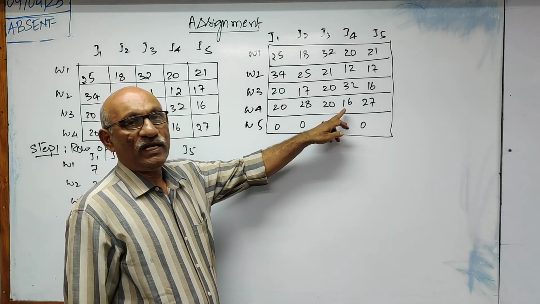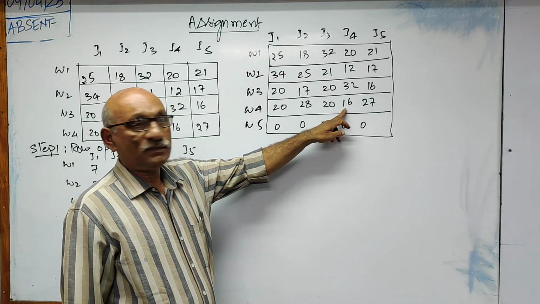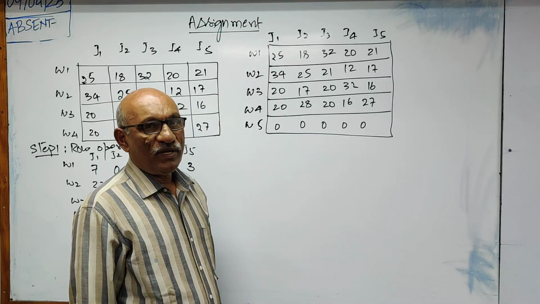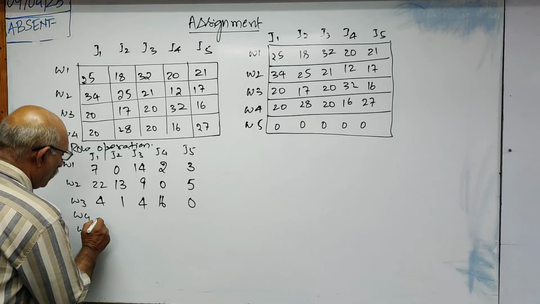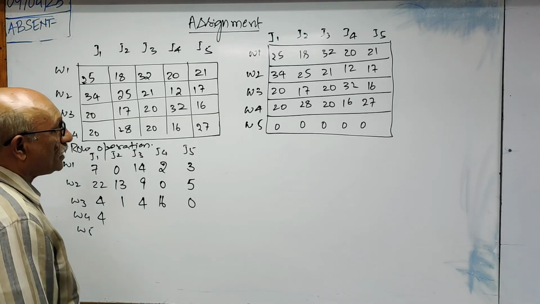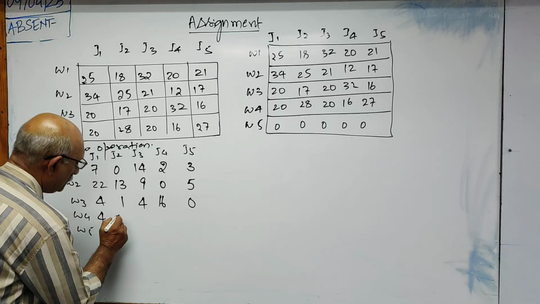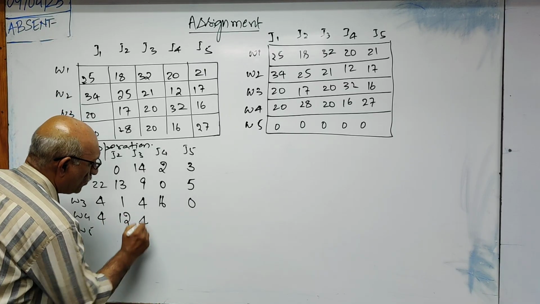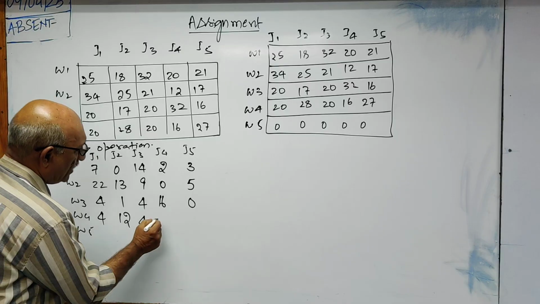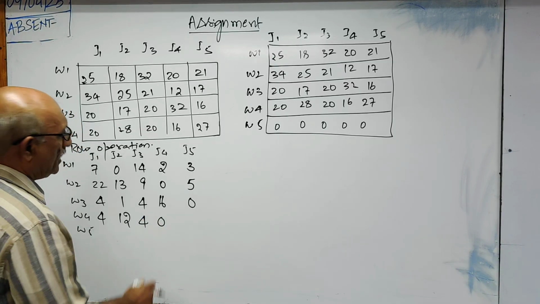Identify the least value. 16 is the least value. Subtract 16 from each and every element. 20 minus 16 is 4. 28 minus 16 is 12. 20 minus 16 is 4. 16 minus 16 is 0. 27 minus 16 is 11.